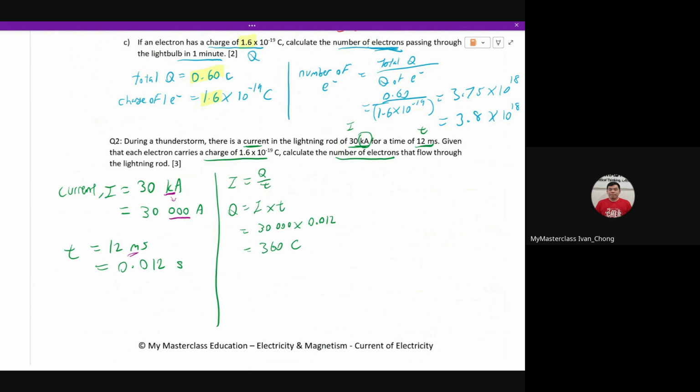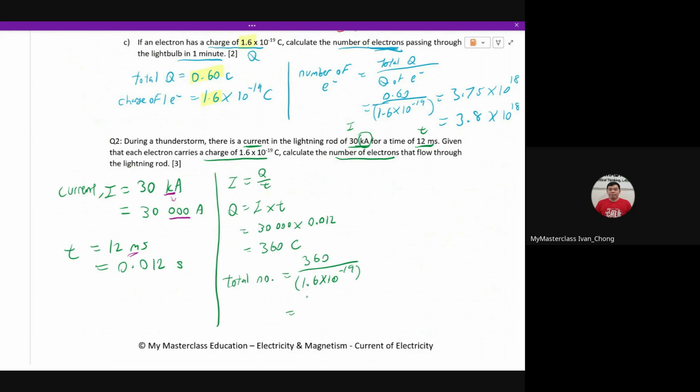All right. So next step is you want to find your total number. Our total Q is 360. However, each of them is 1.6 times 10 to the power of minus 19. So press this in your calculator, 360 over, remember, because this is a multiplication, I will put a bracket below, just in case.